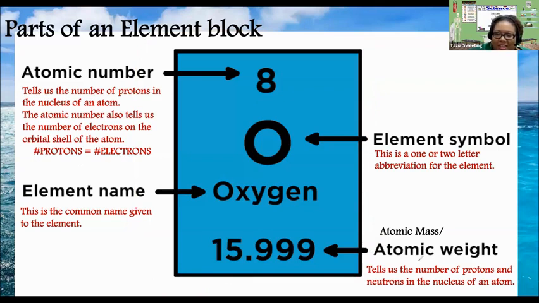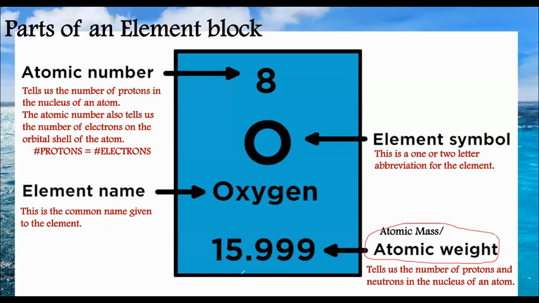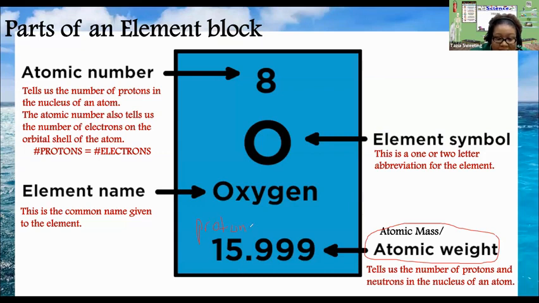If the atomic weight, this number here, tells us the number of protons plus the number of neutrons, right? And the atomic number tells us the protons. Let's just stick with protons, even though we know it's the electrons too.